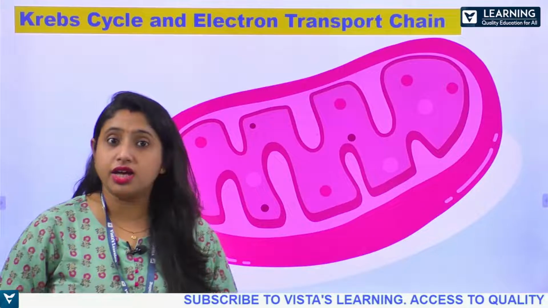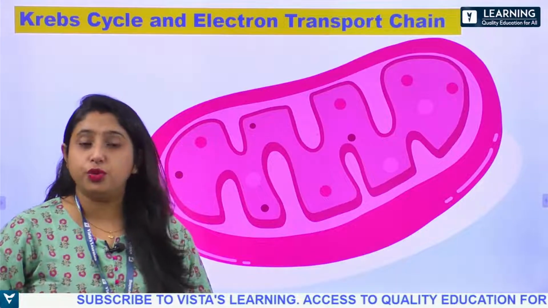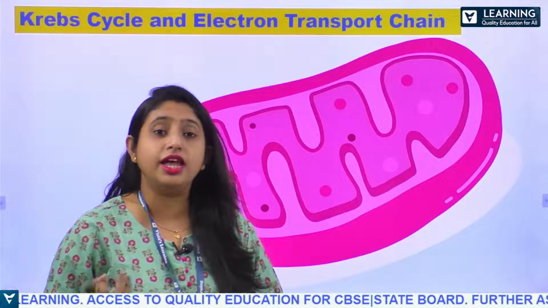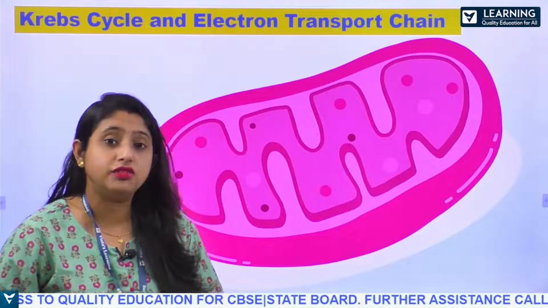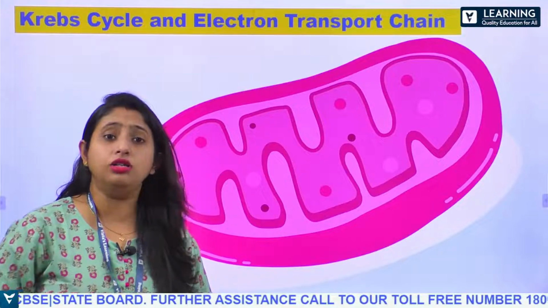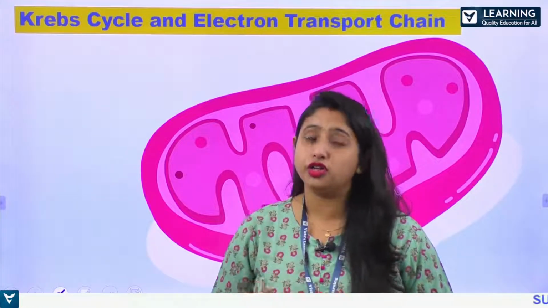The Krebs cycle and the electron transport chain everything takes place in the mitochondria, and the electron transport chain is related to the Krebs cycle, because the NADH2 and FADH2 that are released will be used for the synthesis of ATP in the electron transport chain, that is oxidative phosphorylation.